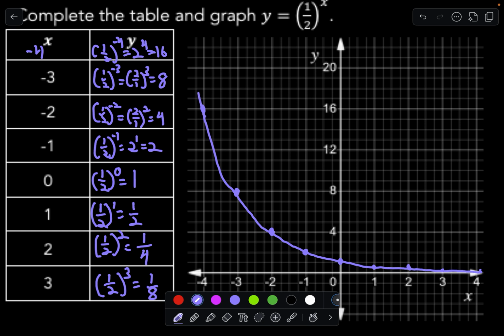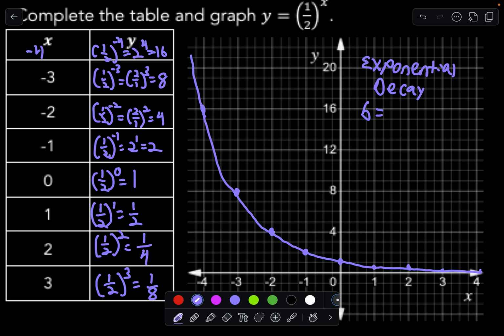All right, and it keeps going up. Notice, this is exponential decay. The base was equal to, what was it?